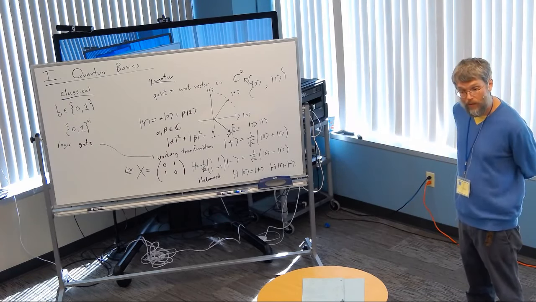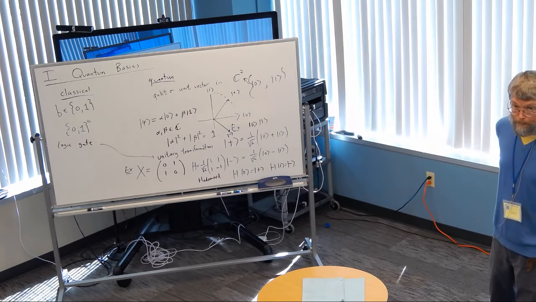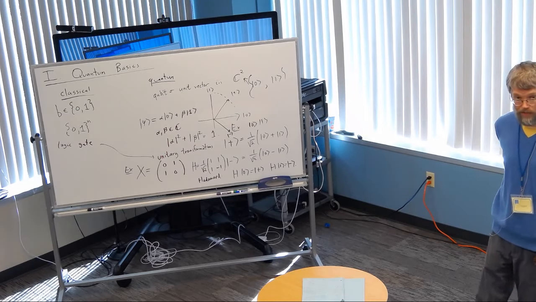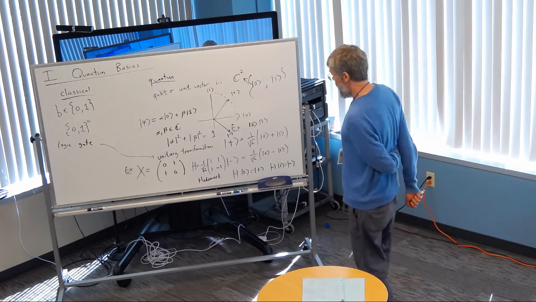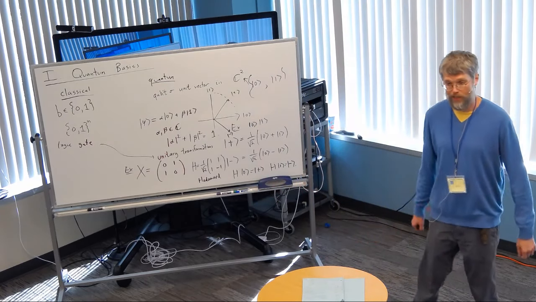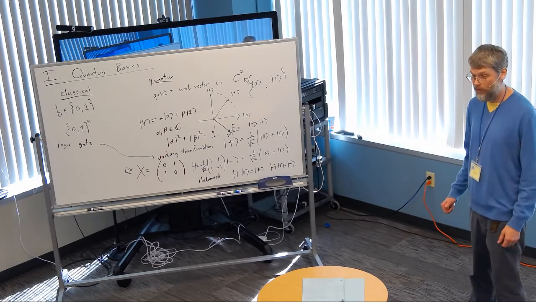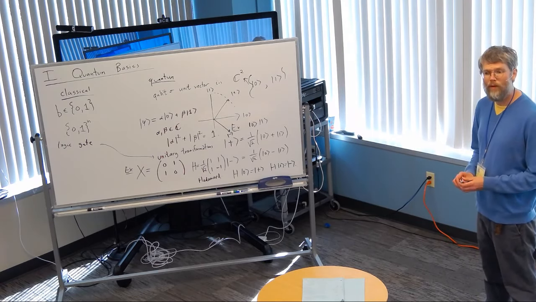Is it accurate to think that all of these unitary transformations are rotations of the unit sphere? Yes. You can think of a unitary transformation as a rotation, or reflections are also unitary. So is H squared equal to X then? Sorry?